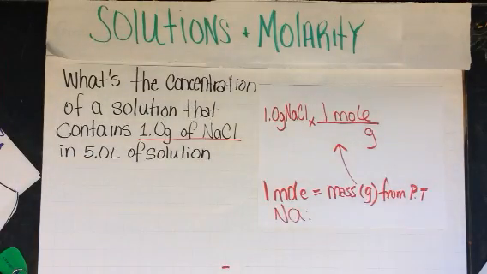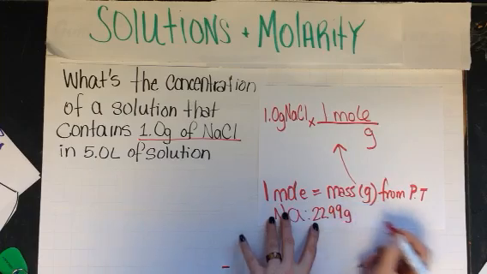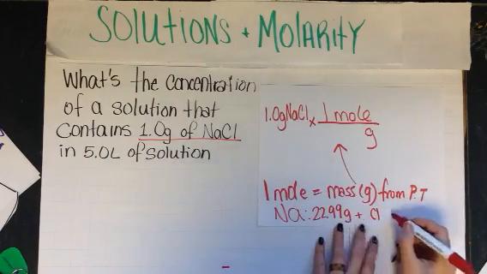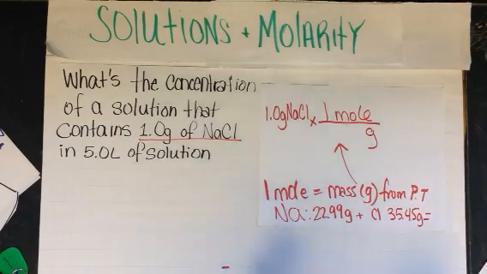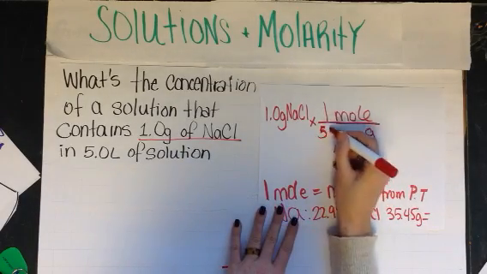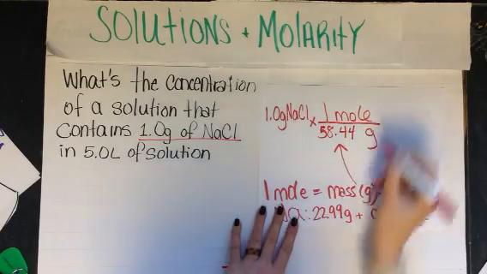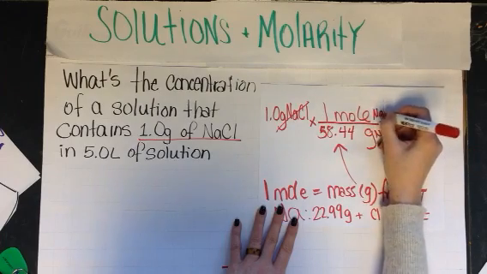And I get 22.99 grams. And I look up the mass of chlorine and I get 35.45 grams. Add them all up together, go to 2 decimal places, and hopefully you're following along in a calculator. Should get that. Okay? Grams of NaCl, moles of NaCl.